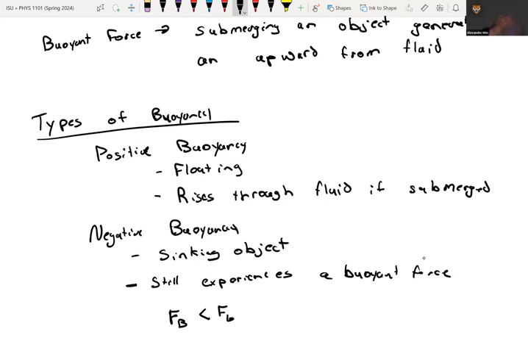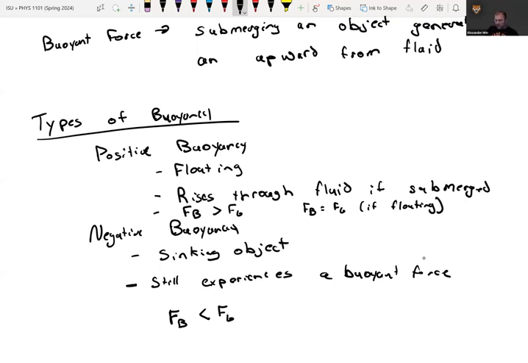I didn't include that in positive buoyancy, but in this case, the force of buoyancy is generally greater than the force of gravity. Now, it's worth noting that the force of buoyancy equals the force of gravity if floating. The whole point is that if the object is floating, then buoyancy can't shoot the object up into the air.